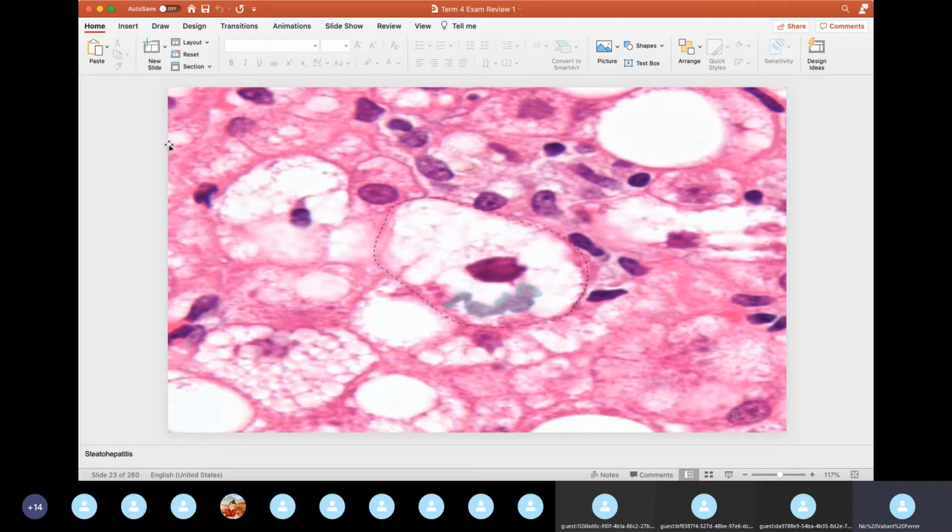Can you give me examples of intermediate filaments that you already know? So your desmin, your cytokeratin, your vimentin. Why is it important, these intermediate filaments?